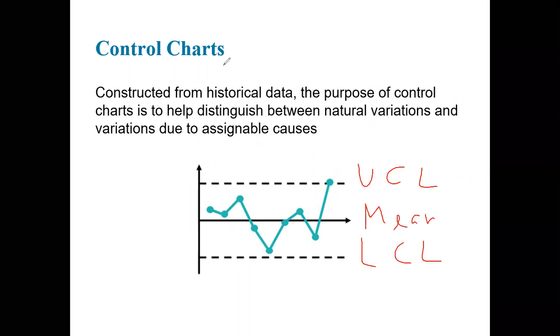Now, for a process to be considered as being in control, it has to meet certain requirements. One, all the data points that you're going to have in your sample should fall within this range from the upper to the lower control limits.